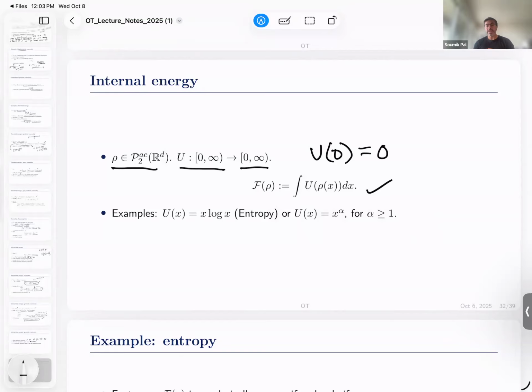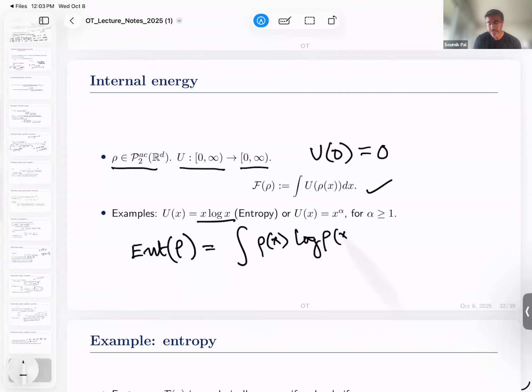They are nonlinear functions in the usual sense for my probability measure rho x, but they're very important. A particularly important example is entropy. So entropy of rho is the integral of rho x log rho x dx.